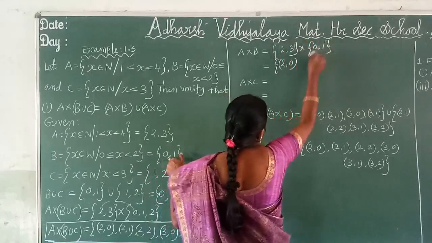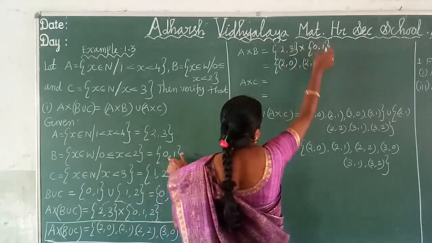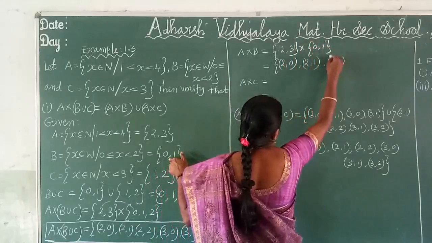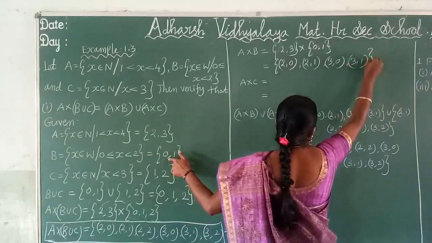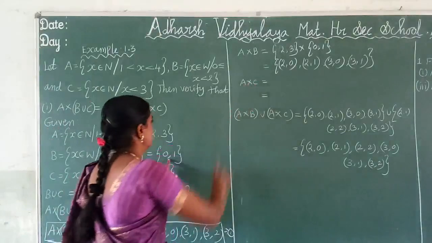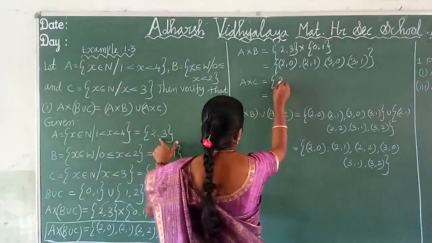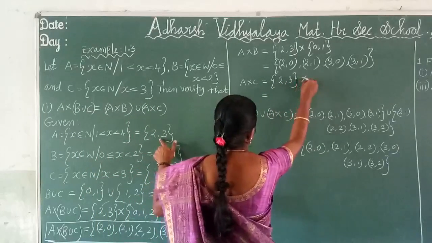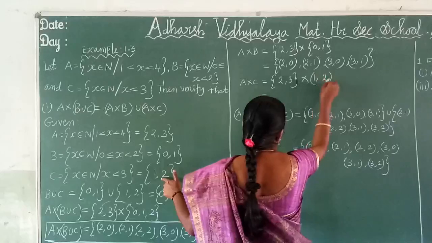Next 2, 1. Next element 3, 0. Next 3, 1. So A cross B completed. Next A cross C. First write the A elements. What is A elements? 2, 3. Cross C elements 1, 2.